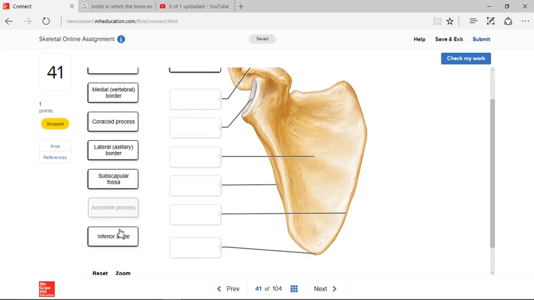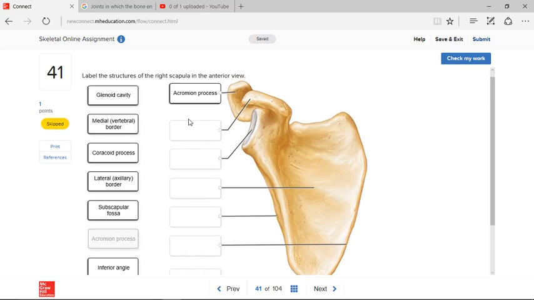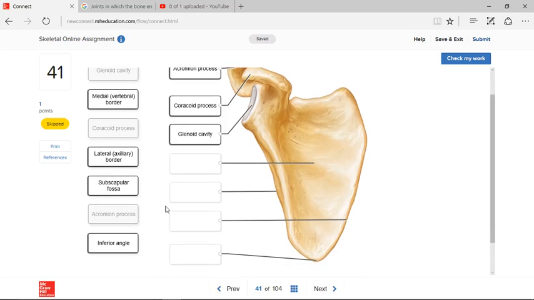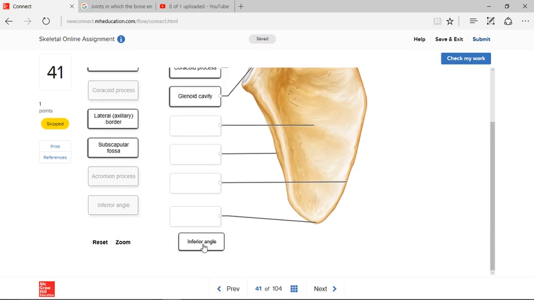So, let's put this on. Then we have the glenoid cavity. We also have the inferior angle down here. Inferior just means below, and angle is where it is, right?